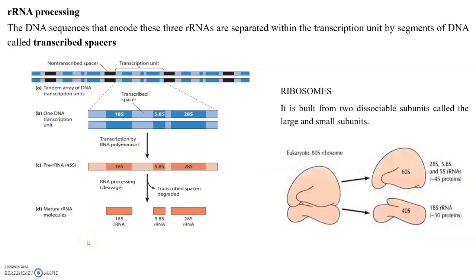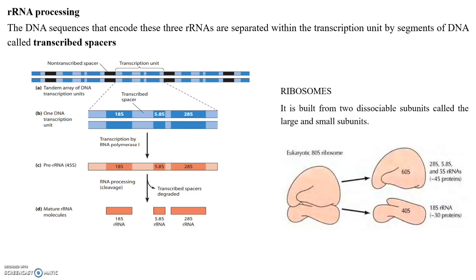The next one is ribosomal RNA processing. The DNA sequences that encode these ribosomal RNAs are separated within the transcription unit by DNA called transcribed spacers. After the RNA is synthesized, the resulting pre-rRNA molecule is processed by a series of cleavage reactions that remove the transcribed spacers and release the mature RNAs to the cytoplasm.